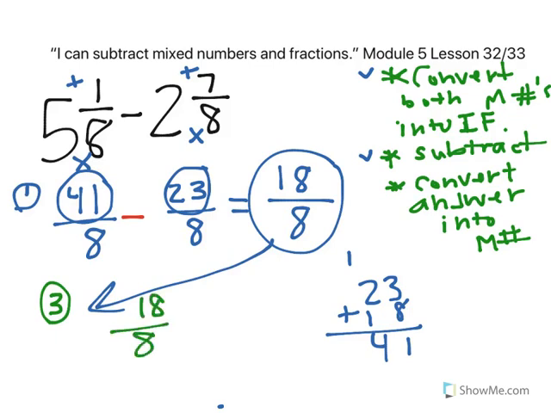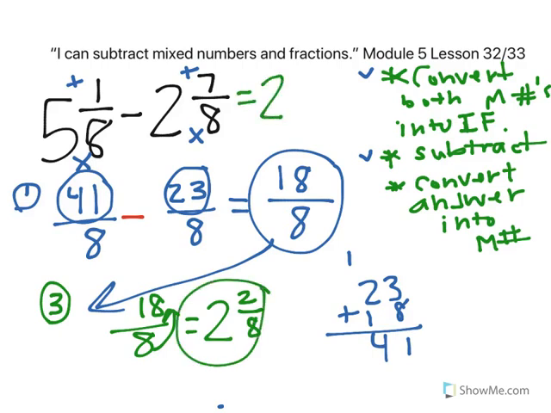So I'm going to do that on the bottom for step 3. 18 over 8. How many times can 8 go into 18 without going over? Well, that would be 8, 16 twice. So that would be 16 with 2 left over, and my units are eighths. So the final answer is 2 2/8. Okay, and again, I went through the steps.